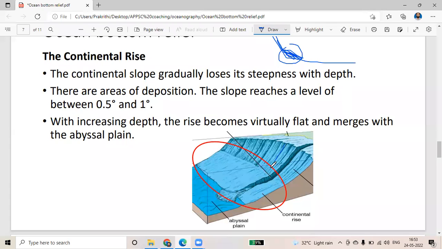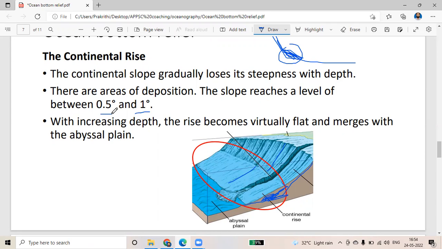अभी देखो, this is the continent, ये तो continental slope region था, ये पूरा असली में ऐसा था, इतना तक इसका action. तो यहाँ से आने से इसका कैसे होना था, ये तो ऐसे आकर इधर तक आएगा, उसके बाद bottom था. But what happened because of the deposition, जो ऊपर का जो deposition है, उस deposition से ये पूरा fill हो गया this area, and the slope has been reduced. वो slope कम हो गया, पहले 2 डिग्री to even it reached up to 15 degrees था, but for this continental rise इसका slope कम हो गया below 1 degree के, और up to 0.5 to 1 degree तक इसका slope का angle बन गया है.